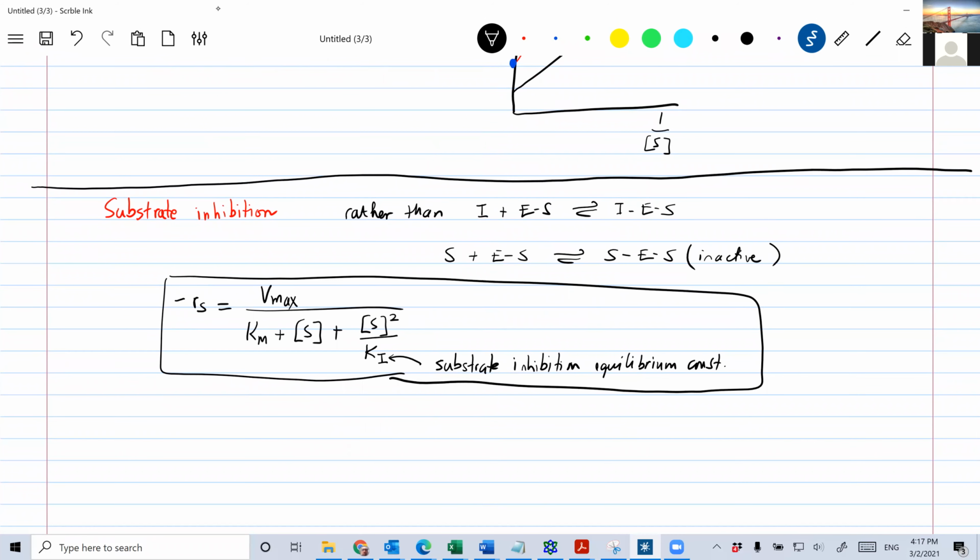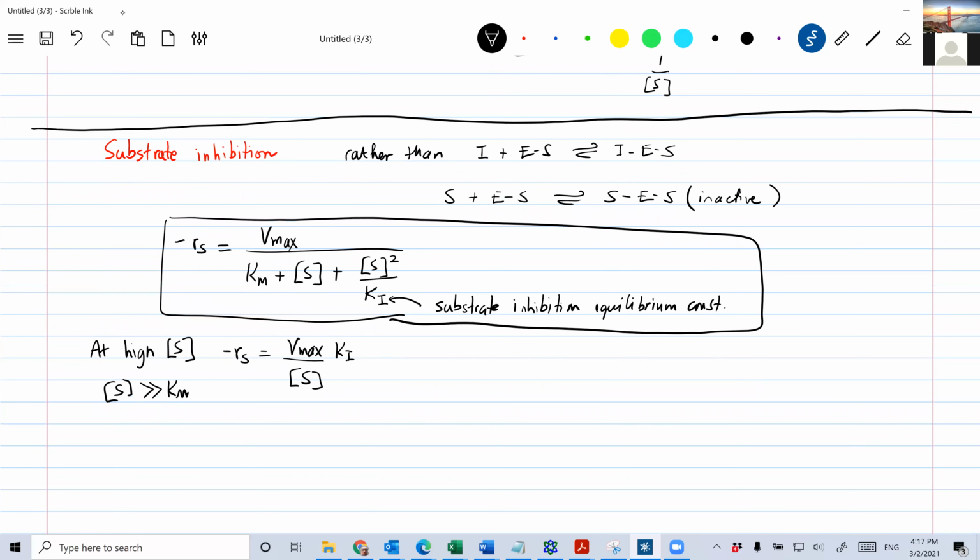So here what you can see is that at high concentration of substrate, the equation actually looks like this. Because high concentration of substrate essentially says that S is much higher than Km, and of course S squared is much higher than S, much higher than Km.